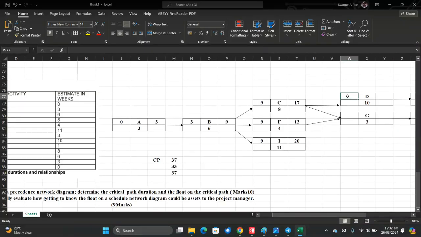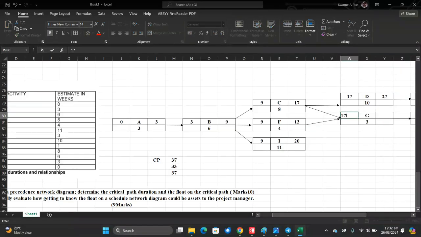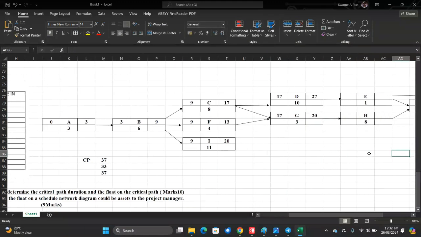So here becomes 17. Here becomes 27. Here becomes 17. Here 20. And then here becomes 27. And here becomes 28.